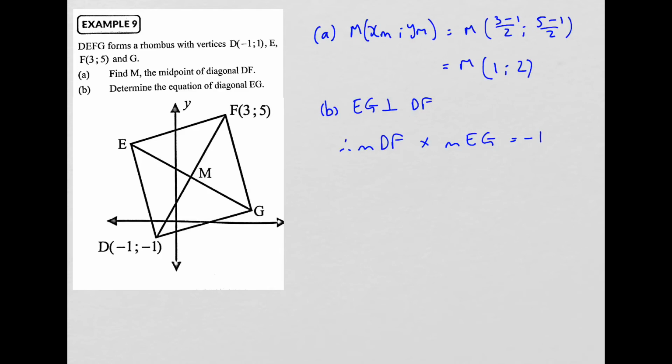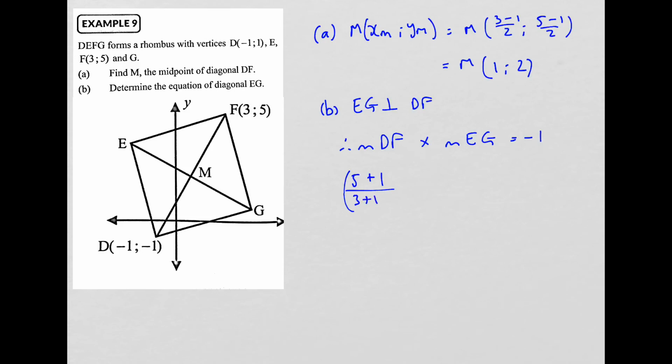We've already got the coordinates of D and F, so we can easily work out the gradient of line DF. Let's substitute into the equation: 5 minus -1, which becomes 5 plus 1, for the y values, and the x values are 3 minus -1, which becomes 3 plus 1, times the gradient of EG, which is what we're looking for, equals -1.